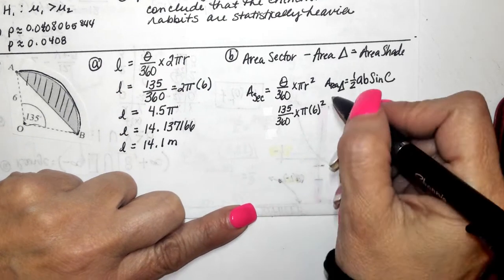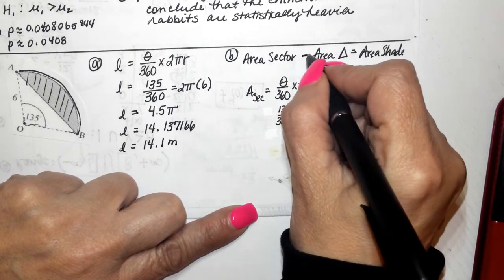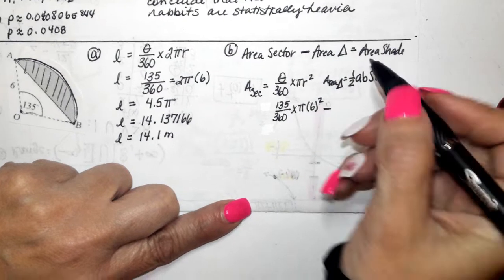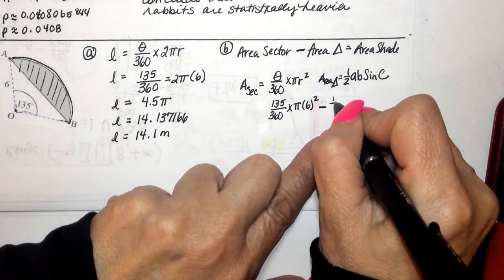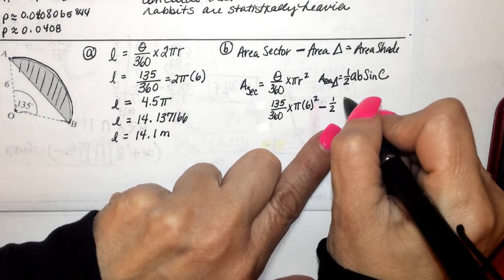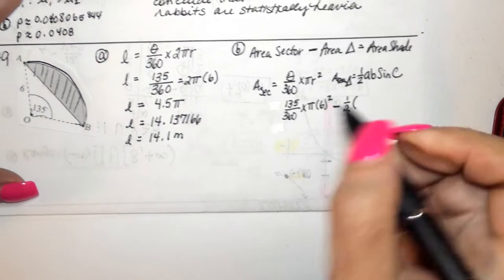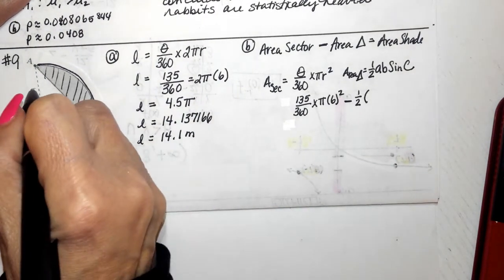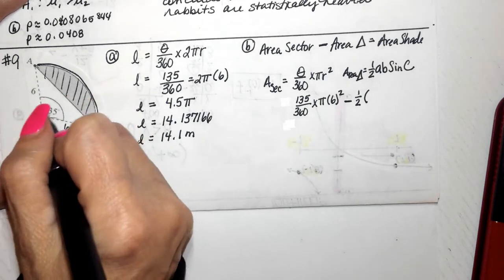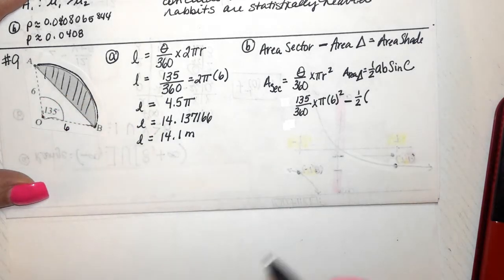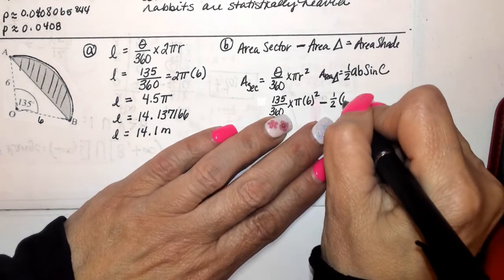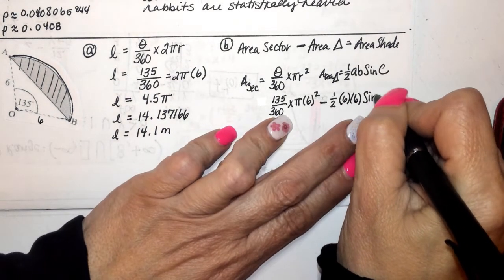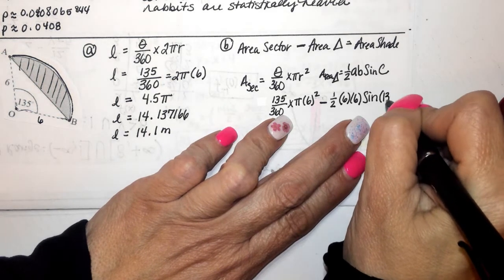So I'm going to put the minus, and now I'm going to say minus 1/2 A. Okay, A is 6, B is 6, and the angle C is 135.